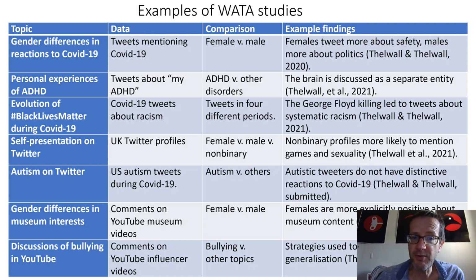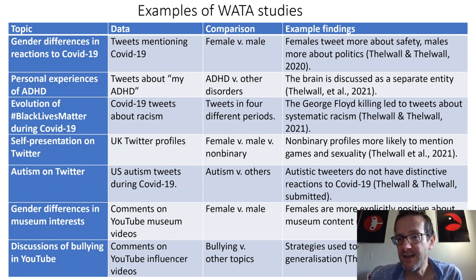Next topic, autism on Twitter. The data was a set of tweets about autism during COVID-19 from the US, so fairly specific. And the comparison was autism against all other conditions. The purpose of this study was to find out whether people with autism reacted differently to COVID-19 than other tweeters.